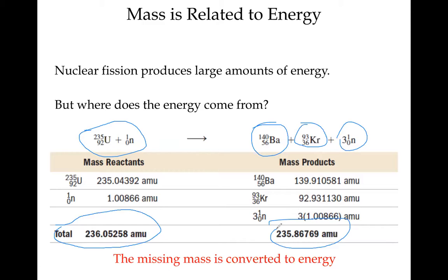Mass cannot be destroyed, right? And it's not. What's happening is that mass, that reduction in mass, is because a little bit of that mass has been converted to energy. All right? And that's why the splitting apart of nuclei leads to tremendous amounts of energy.